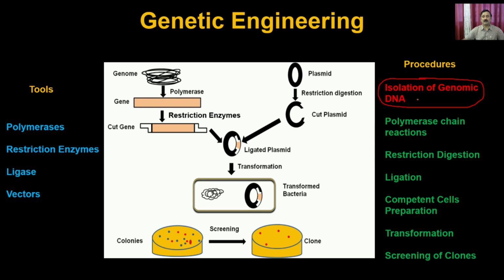So you have to take a lot of precautions while you are handling the genomic DNA. Otherwise, genomic DNA is going to be present in fragments, and then it will not be useful for downstream genetic engineering applications.